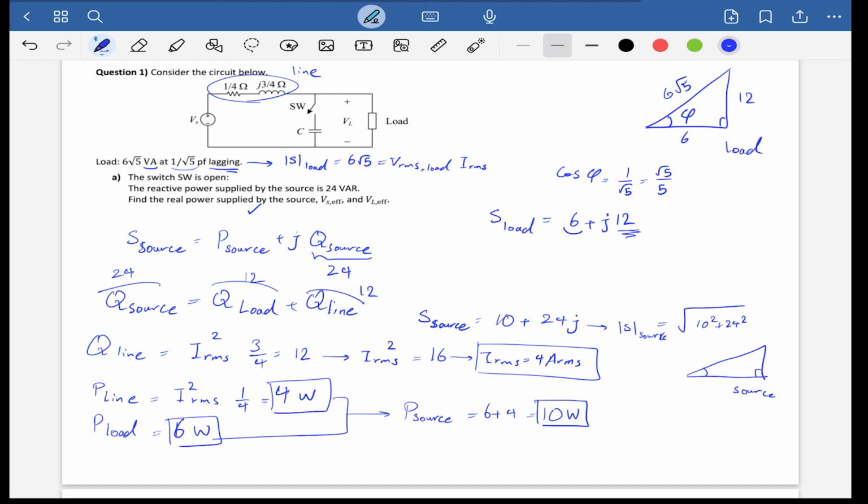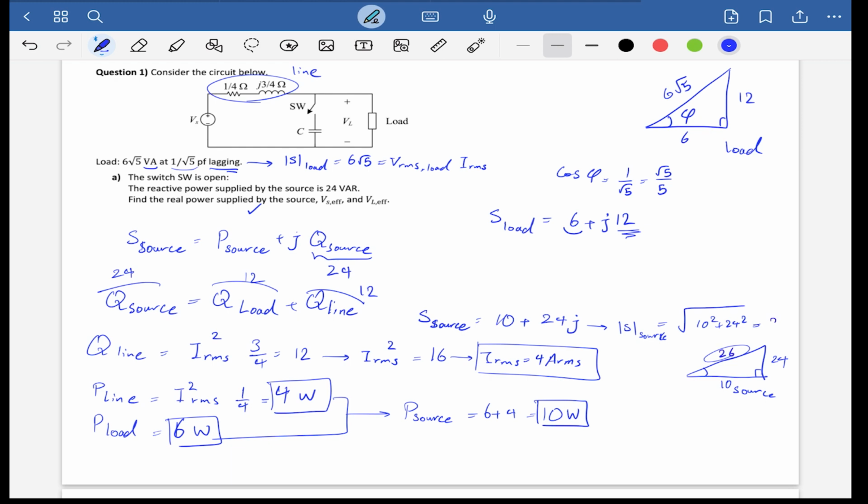Then this part is 10, then this part is 24. So this should be the hypotenuse, and we will get what? The hypotenuse will yield, let me check it out. It will be 26, I guess.